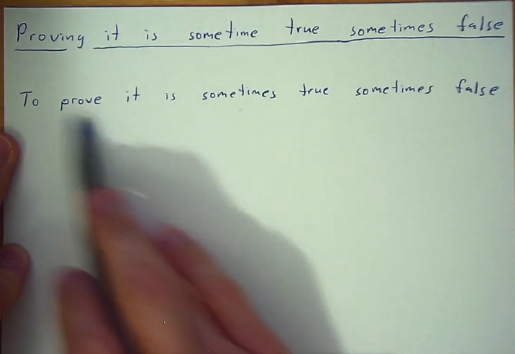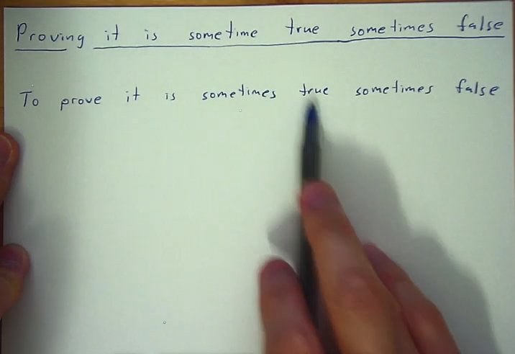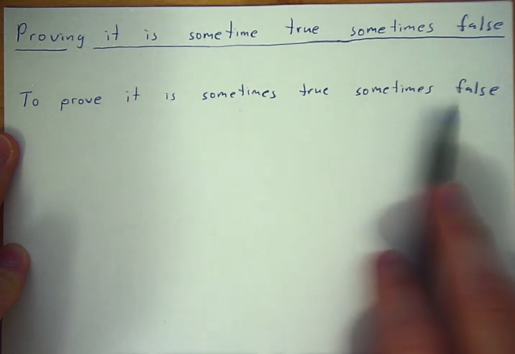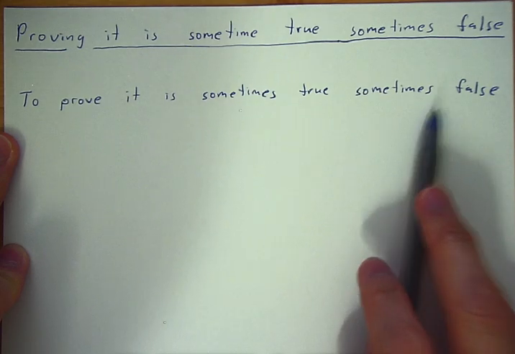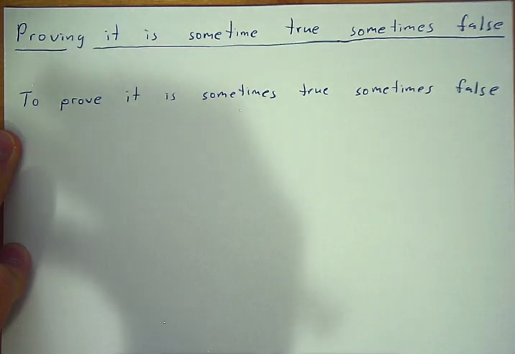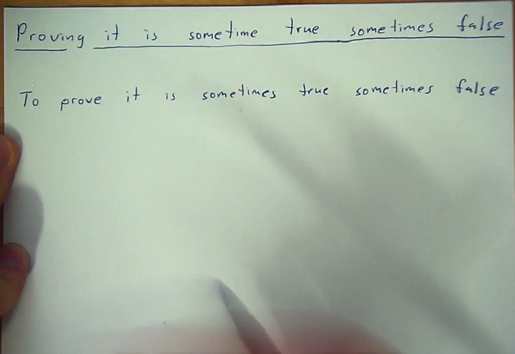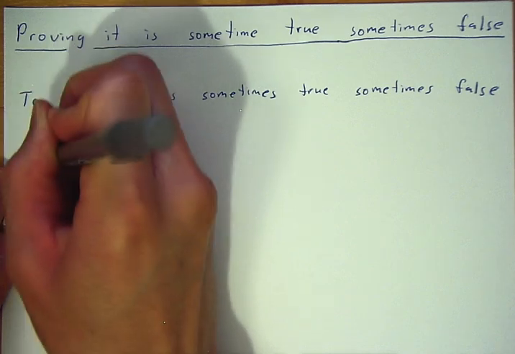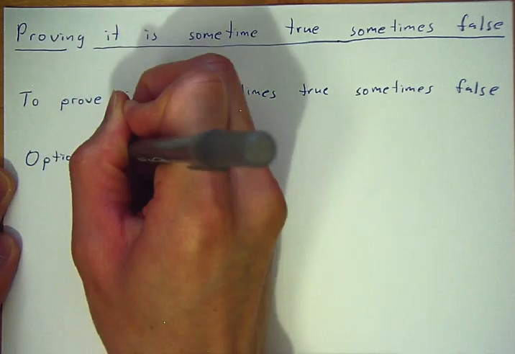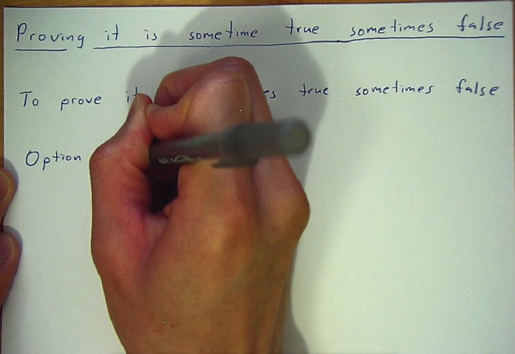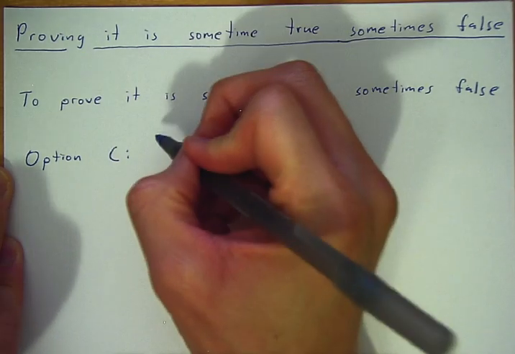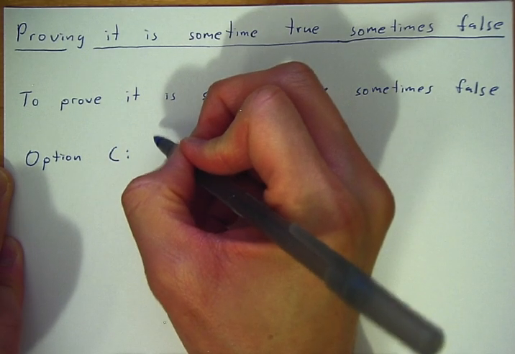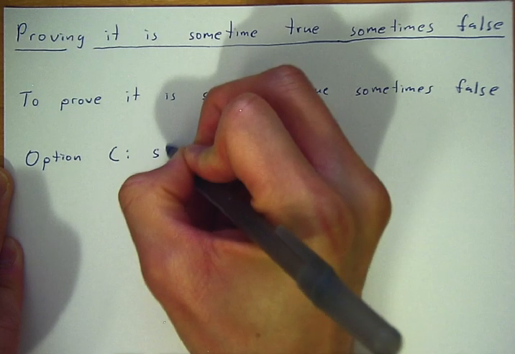And to prove something is sometimes true, sometimes false, one very easy way to do this is, I'm going to call this option C, you show one example of each.